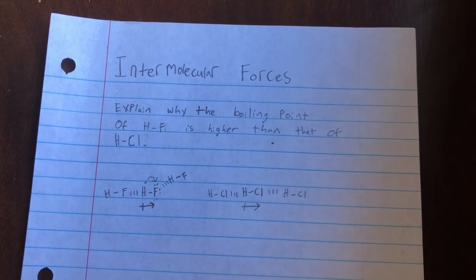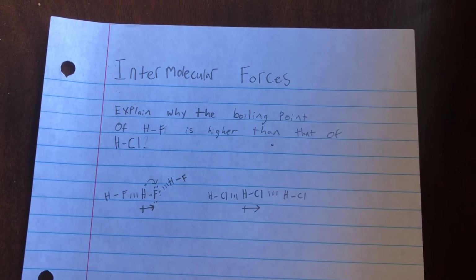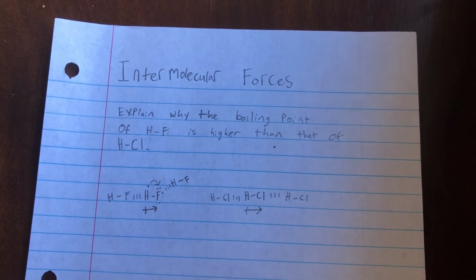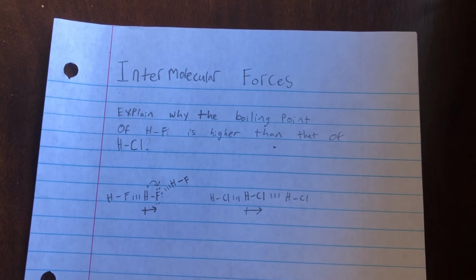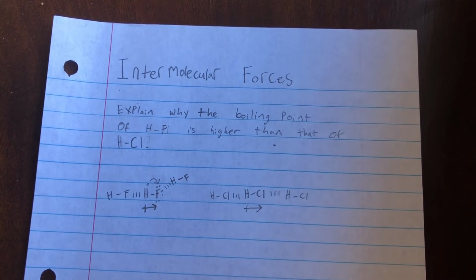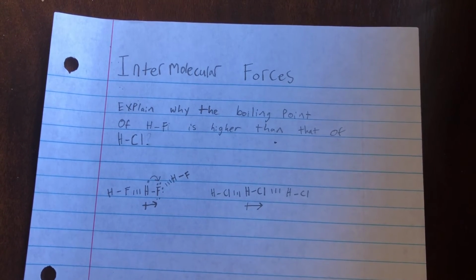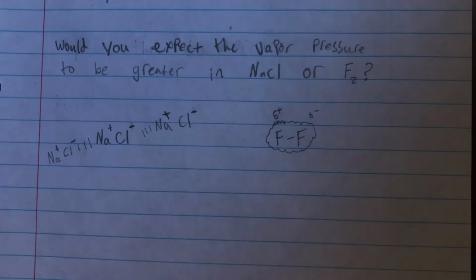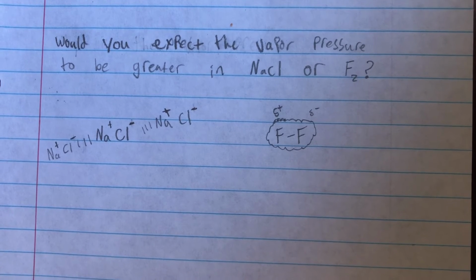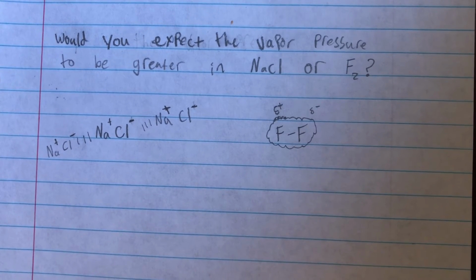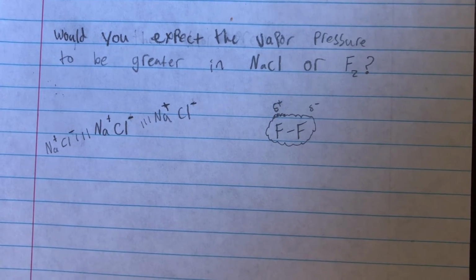So when you break these intermolecular forces, you have molecules spread out and not really attracted to each other. This model below is meant to show the intermolecular forces between molecules.